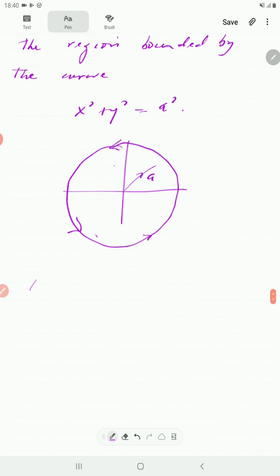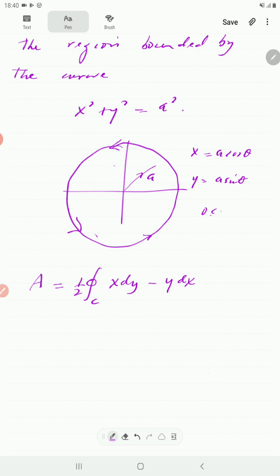So the area is going to be given by the integral of x dy minus y dx. So along this contour, we're going to parameterize. So x is going to be a cos theta, y is going to be a sine theta, and theta is going to vary from 0 to 2 pi.